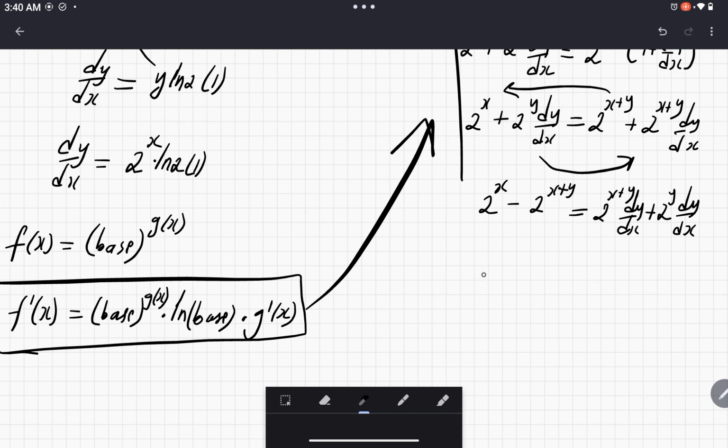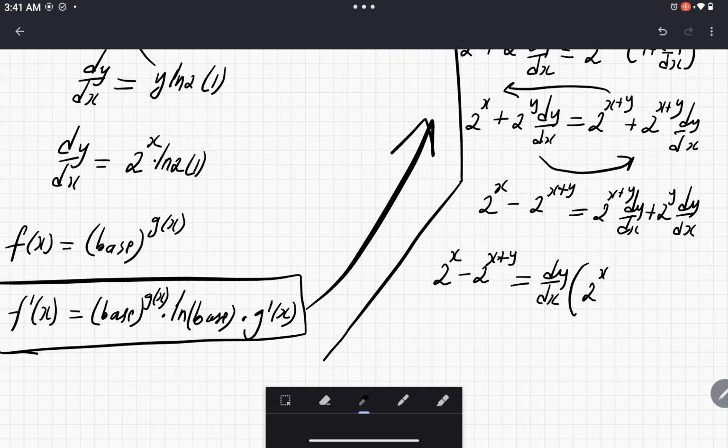So we simply have 2 raised to the power x minus 2 raised to the power x plus y equal to dy on dx into 2 raised to the power x plus y plus 2 raised to the power y.